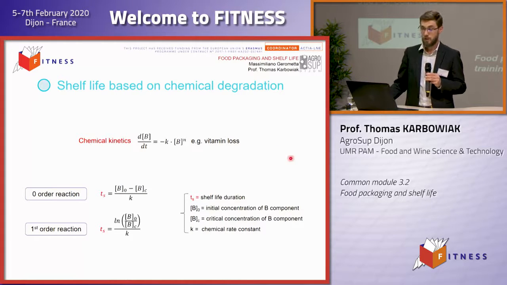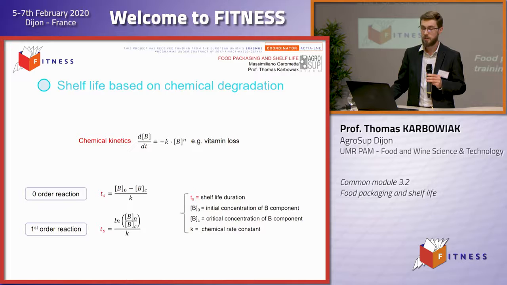So the first one, as I started the talk this afternoon, is chemical kinetics, which can be quite important to know when you are dealing with food shelf life. For example, this is a chemical kinetics like a vitamin loss.